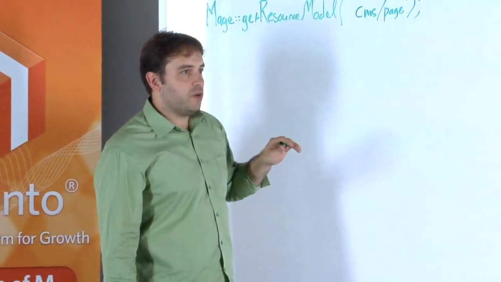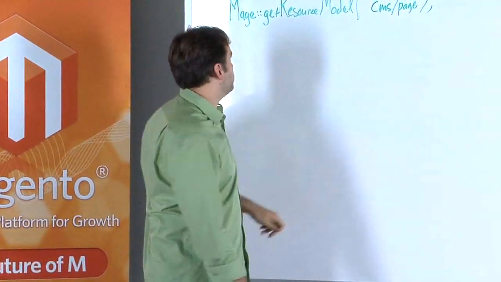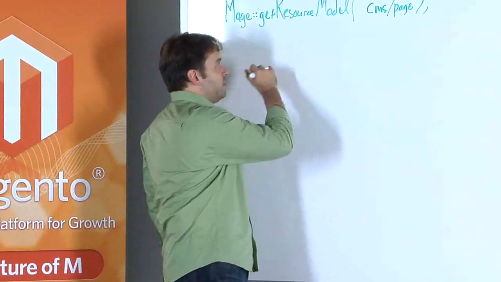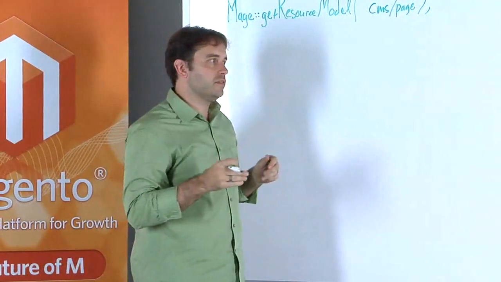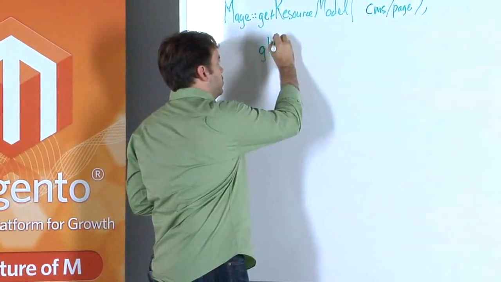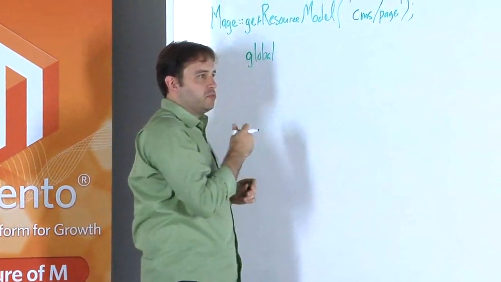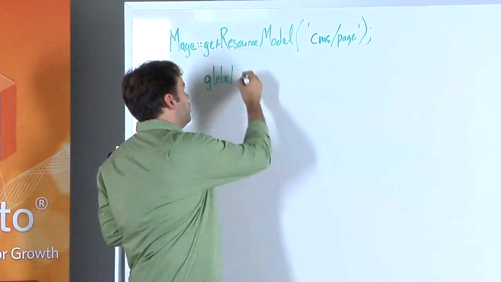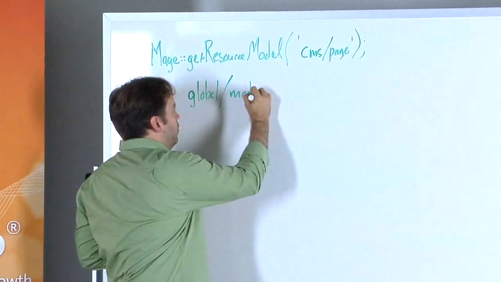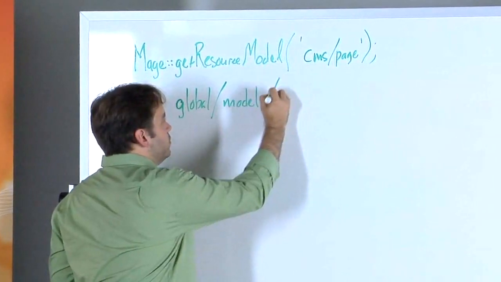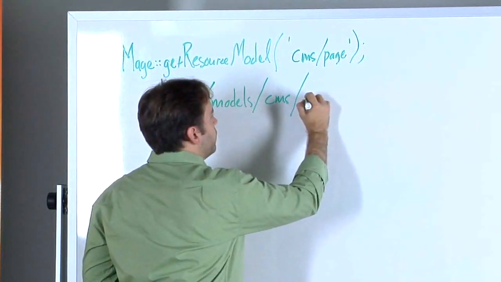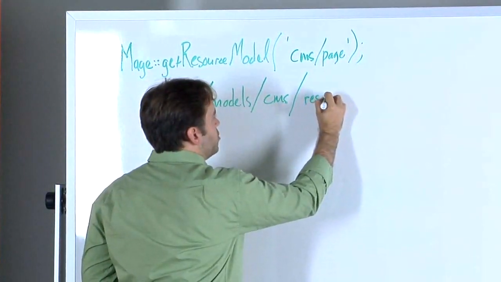Now the difference is, whereas CMS page in get model would look under the configuration DOM structure, we're going to look for this XPath, global, and this is Mage Core Model Config, again, doing the work. Global, models, CMS, resource model.